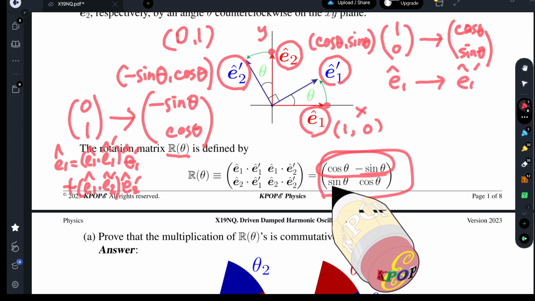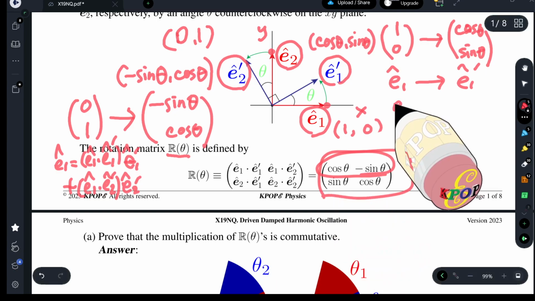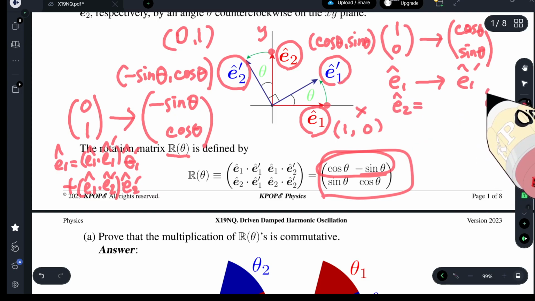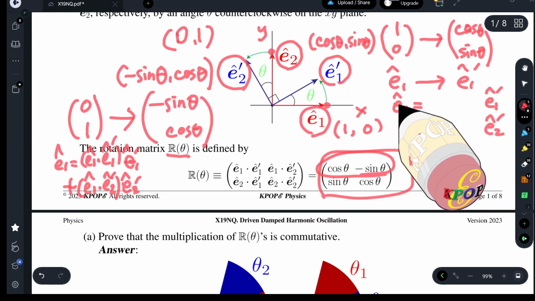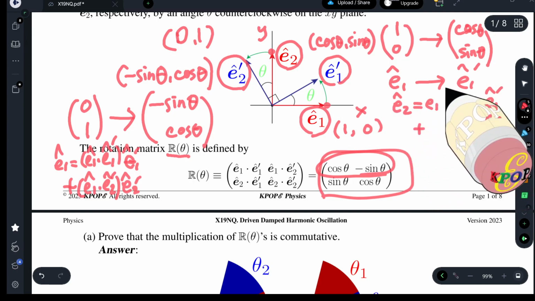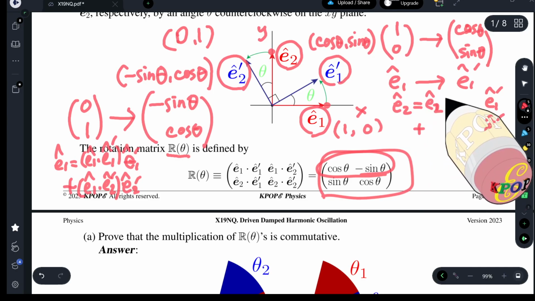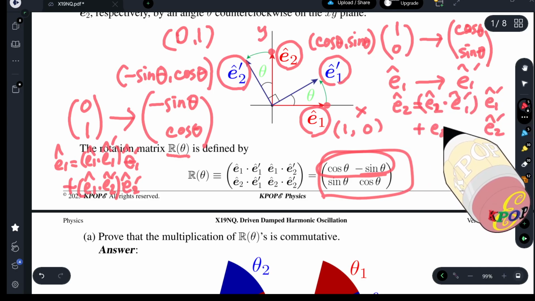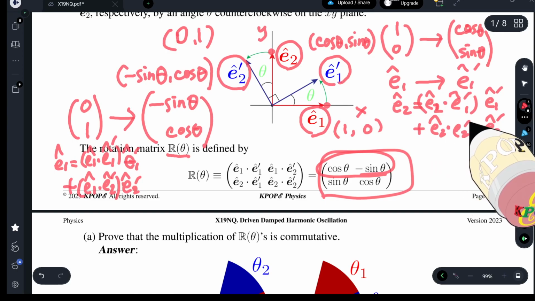In a similar manner, I can rewrite E2 as a linear combination of E1 prime and E2 prime. So the completeness relation shows that it is E1 prime and E2 prime.